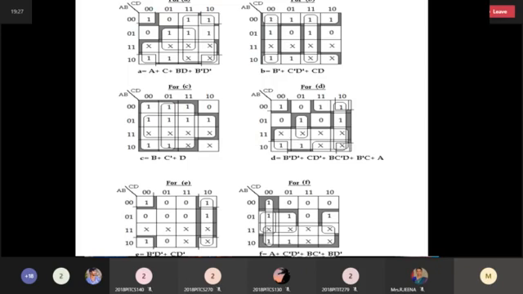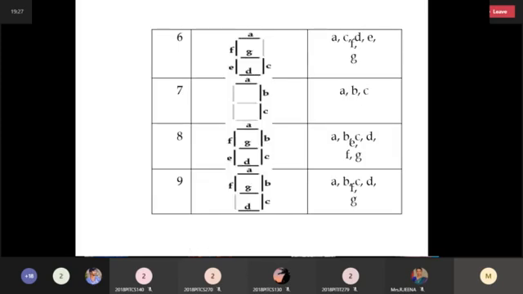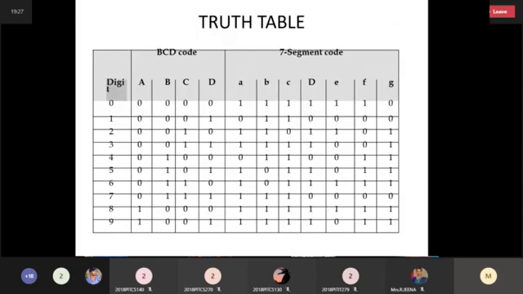Next we have to draw the logical diagram. Before we go to the logical diagram, we have to simplify this truth table into a Boolean expression. For this simplification, we go with K-map simplification. How many input variables?